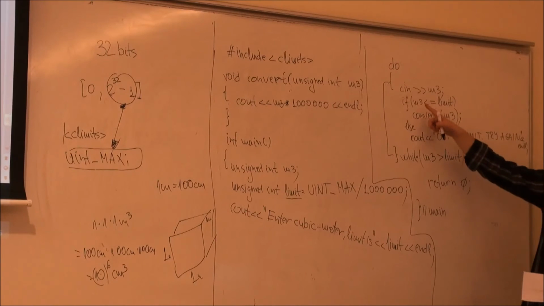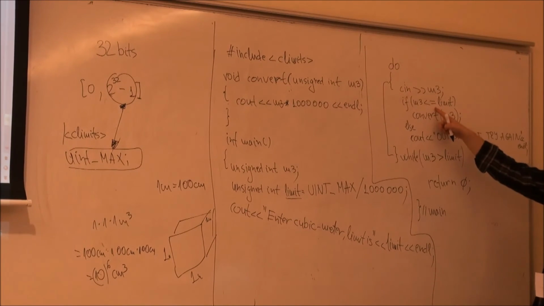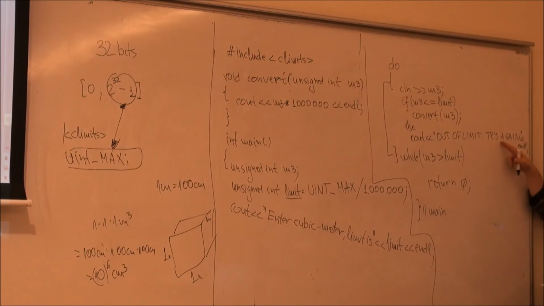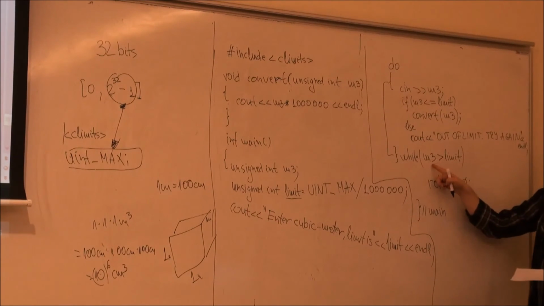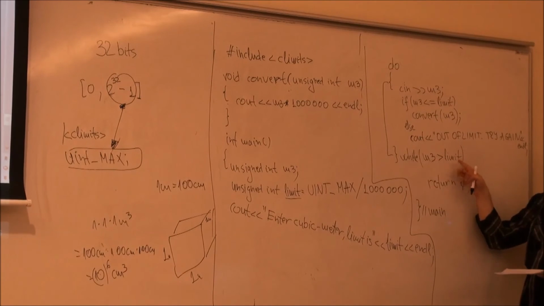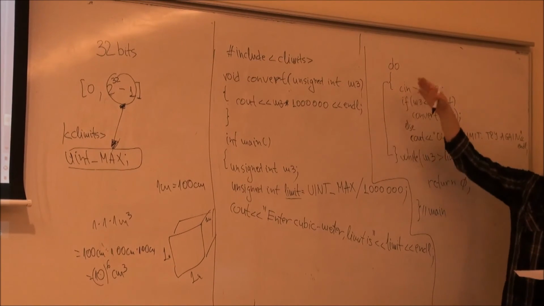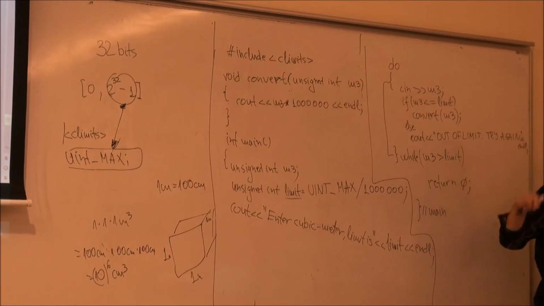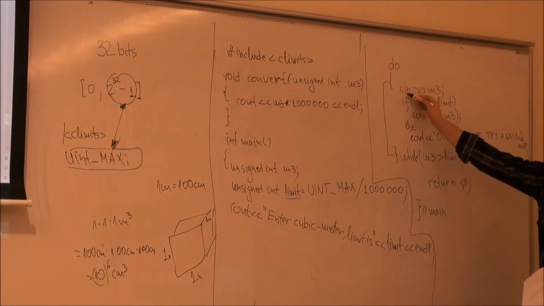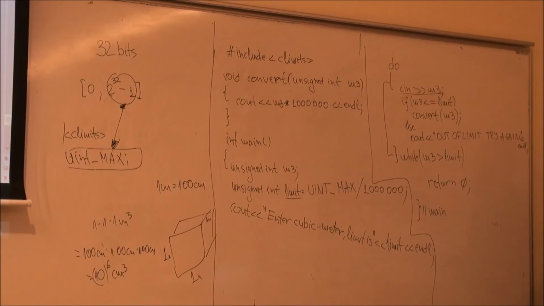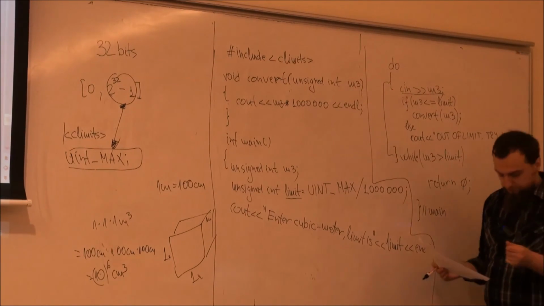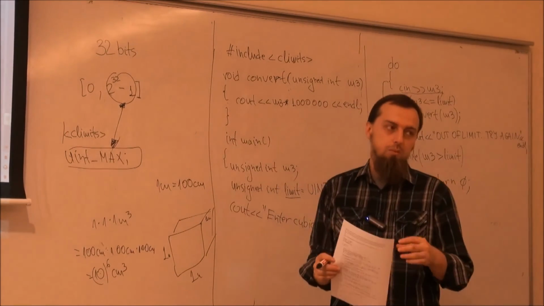If the input that we give is greater than the limit, I'm going to say out of limit, try again. This is going to be true, since the M3 is greater than the limit. So I'm going to execute it again and again, up until I give one true answer, an input that is acceptable. You will have 5 minutes of pause, and we will be back.